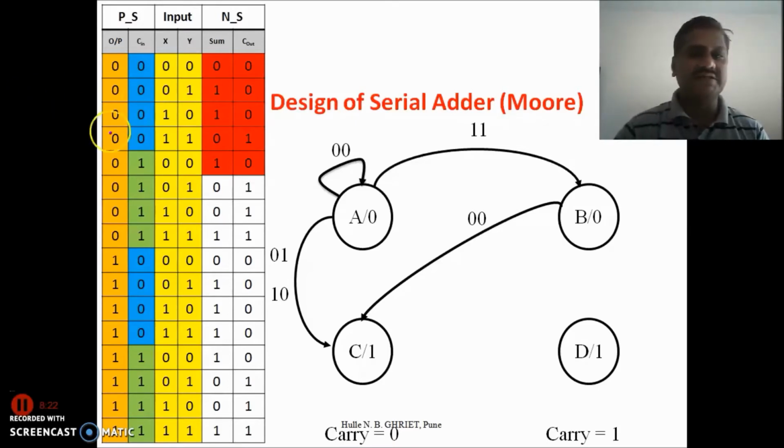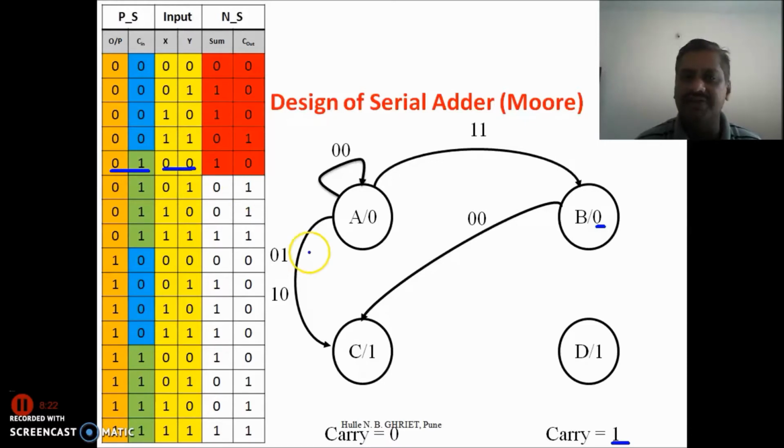Now look at here. Present state is 0 1, which means output is 0 and carry is 1, that is the B state. Whenever we are in the B state, inputs are 0 0. How is the addition?